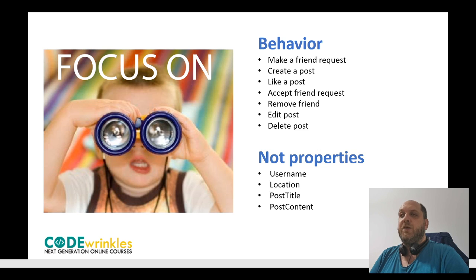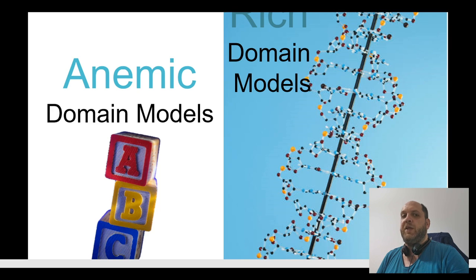As said, the properties will come naturally when we start to model all this behavior in our domain model. And as said, this type of model where we have just a bunch of properties and maybe a constructor or two is usually called an anemic domain model. And this is not the best practice when we are working with these DDD patterns and principles.